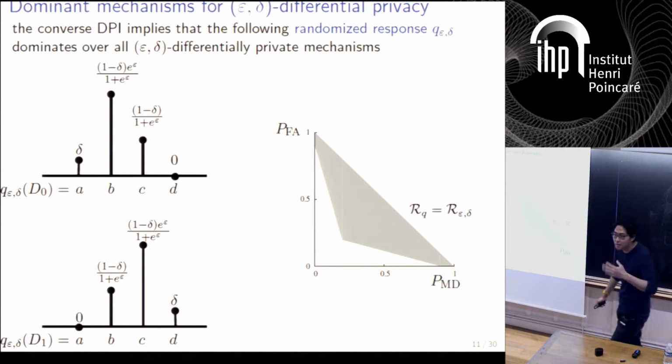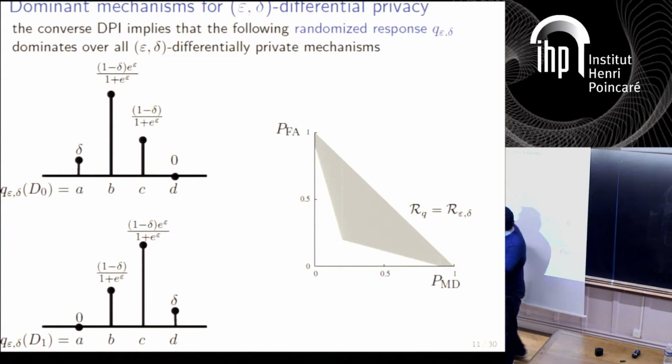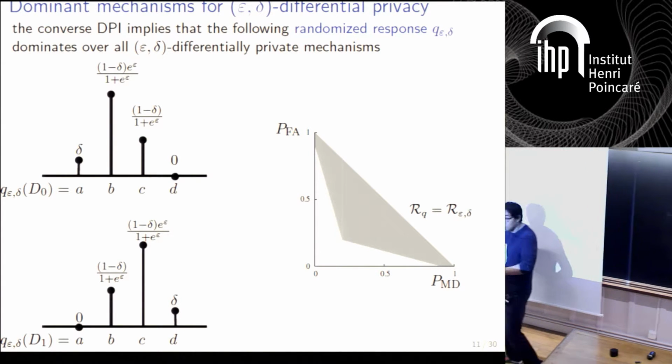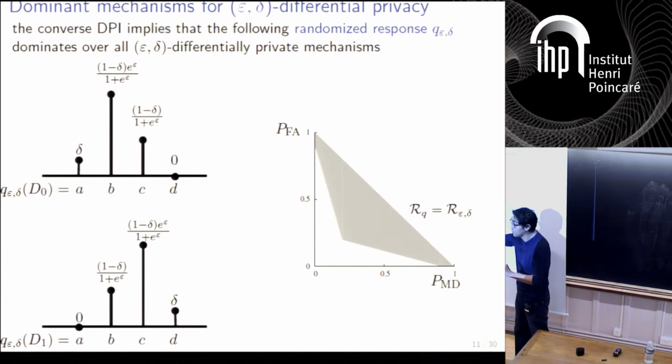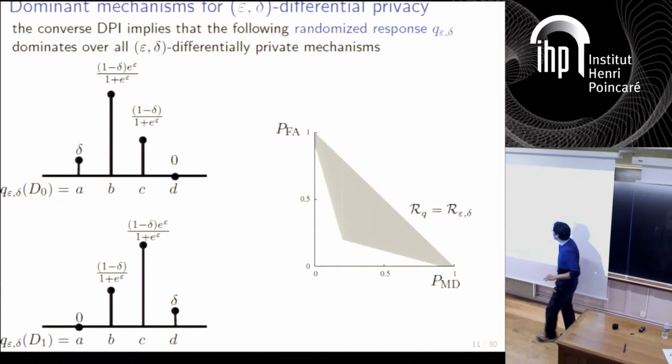It's appeared many times in different contexts. And it's the following. With delta, you say the truth. So A means your database is D0 because it can never come from D1. D means your database is D1. You tell the truth. And with 1 minus delta, you do randomized response, a coin flip. That's tailored so that it's epsilon differentially private within them.